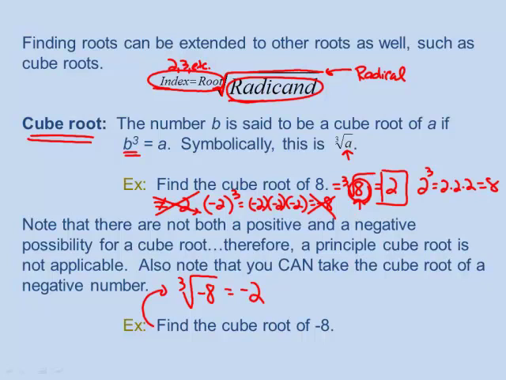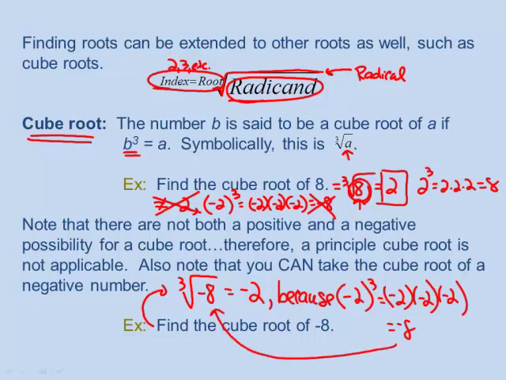That number would be negative 2. Because if you take negative 2 and you cube it, or if you take negative 2 and multiply it by itself 3 times, you do get a negative 8 back out, which was our original radicand. So the answer there is a negative 2.